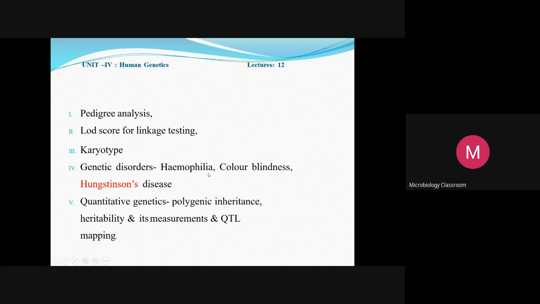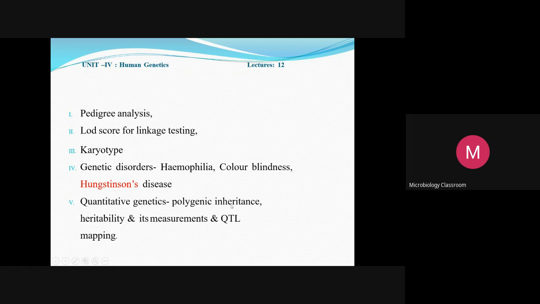One example is given: hemophilia, color blindness, Huntington's disease. So this is about genetic disorders. Here, the symptoms that appear in the disease and also the transmission of the disease need to be explained.